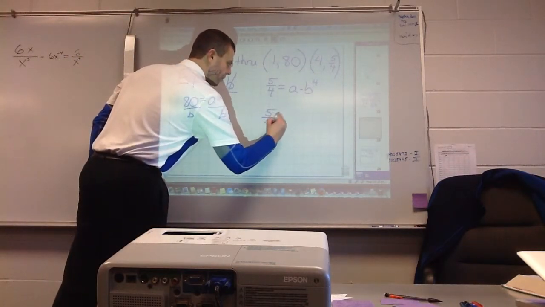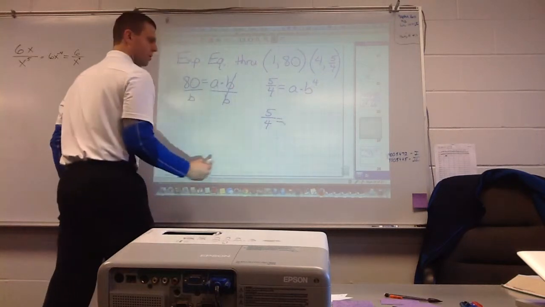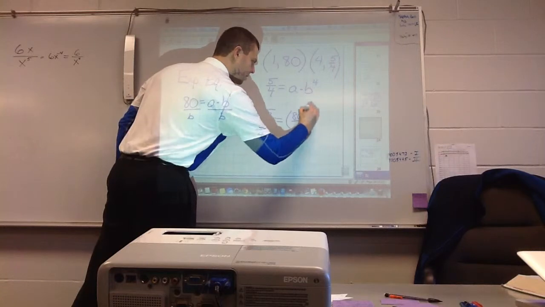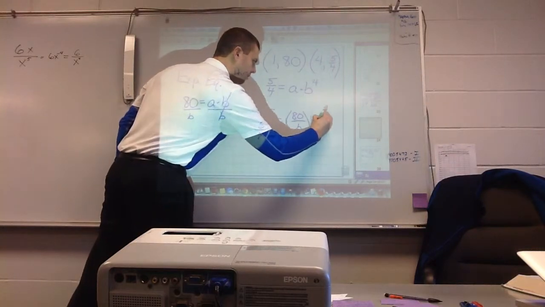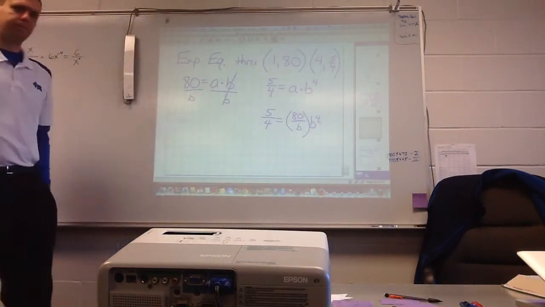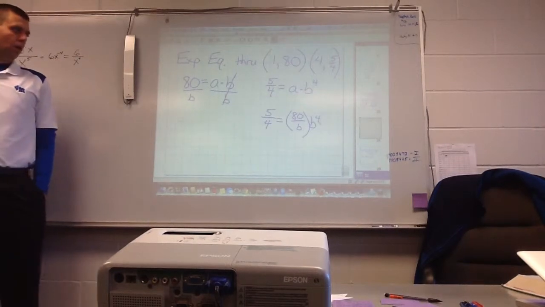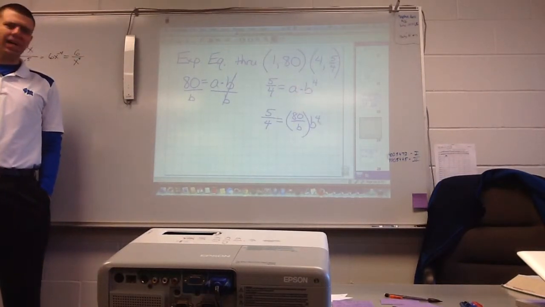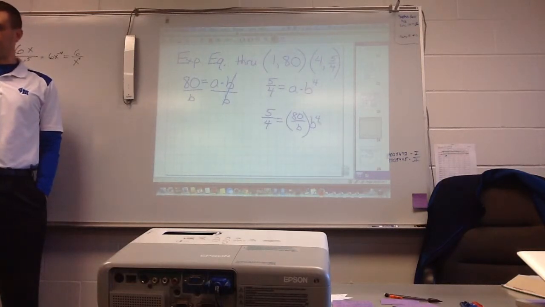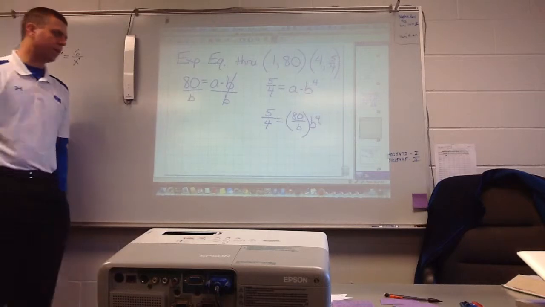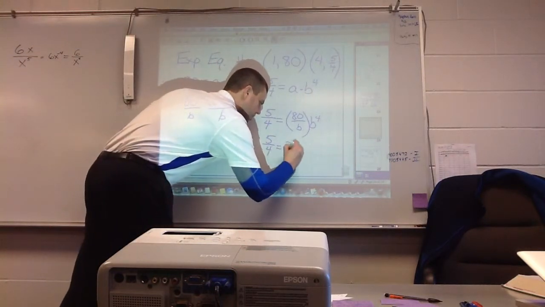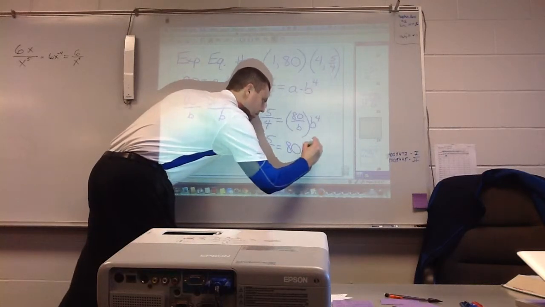So 5/4 equals 80 over b times b to the fourth. Well, what's 80 over b times b to the fourth going to equal? 80 b to the third. Yep, 80 b to the third. So 5/4 equals 80 b to the third.